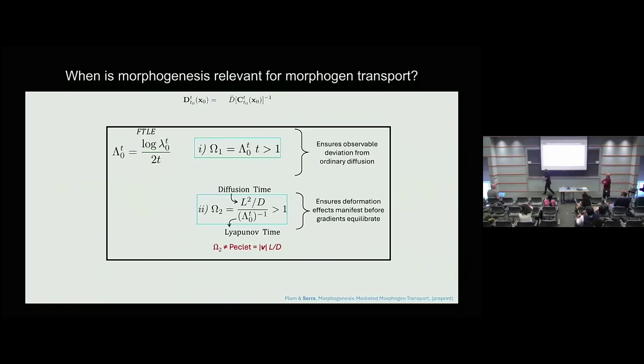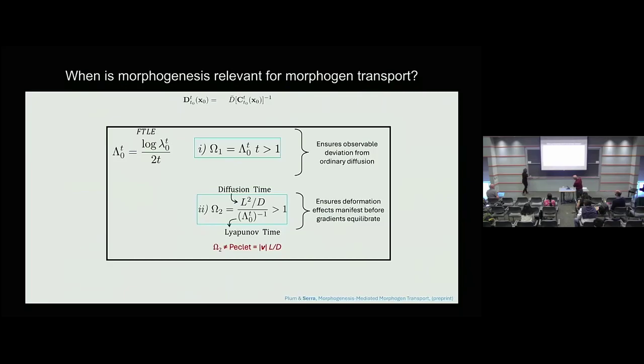Let's say 1 micron per second, let's say 2 microns per second, times L, which is, let's say, 1 millimeter, or 2 millimeters, whatever, divided by D. And this is basically 1 micron squared per second.